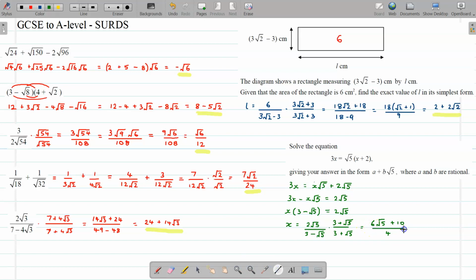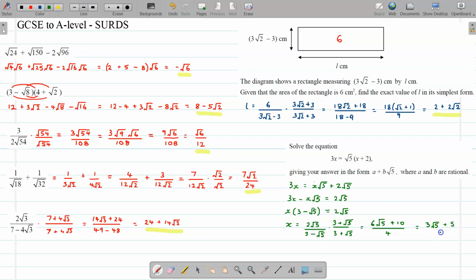Now I notice that there's a common factor of 2 in all of the terms, so that's equivalent to 3 root 5 plus 5, all over 2.